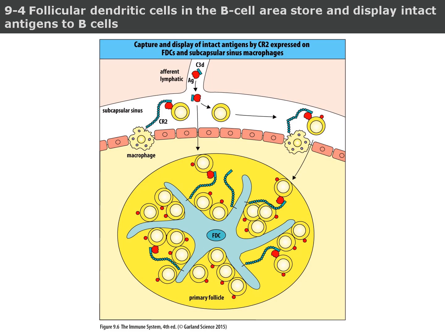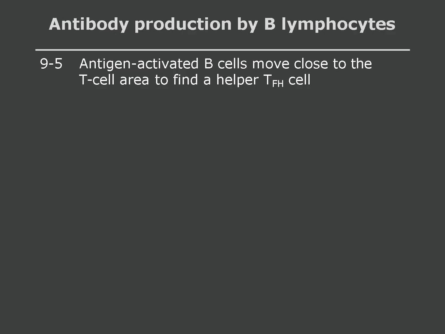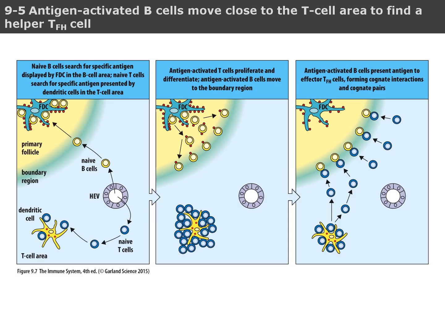the antibody response. Antigen-activated B cells move close to the T cell area to find a helper TFH cell. Once B cells are activated by antigen and co-receptor signaling, their next step is to seek help from T follicular helper cells. In the first panel, naive B cells migrate through the lymphoid follicle, scanning follicular dendritic cells for specific antigens.